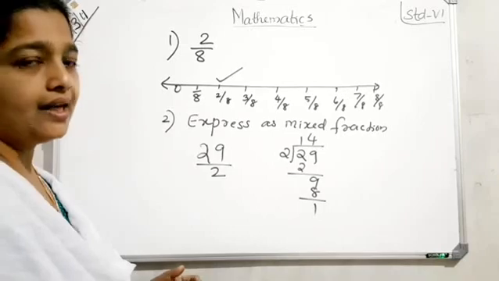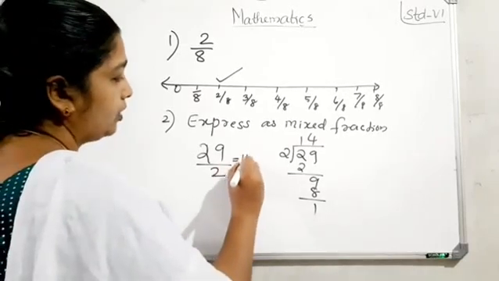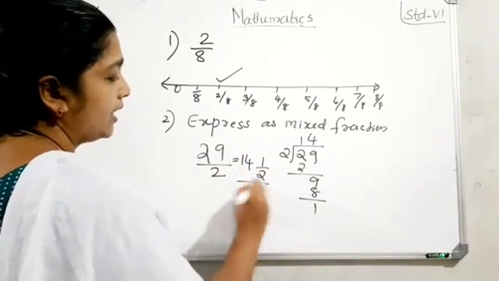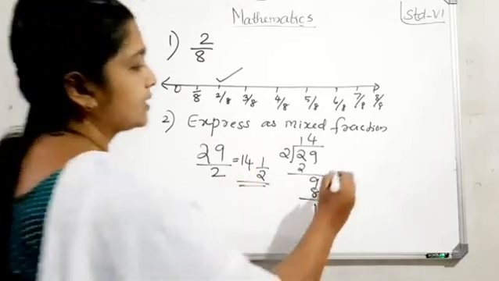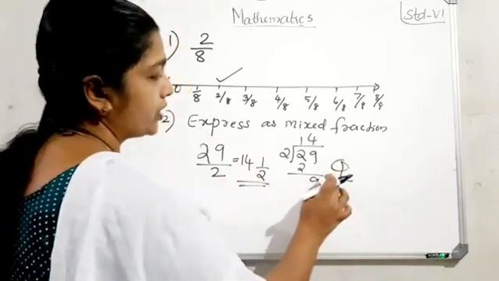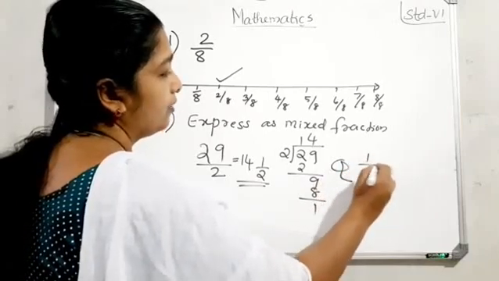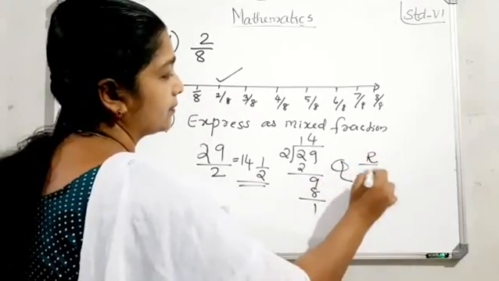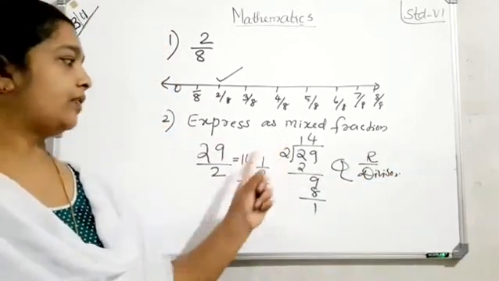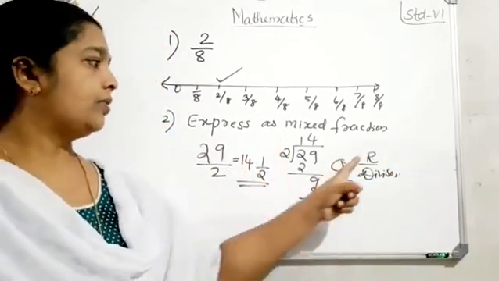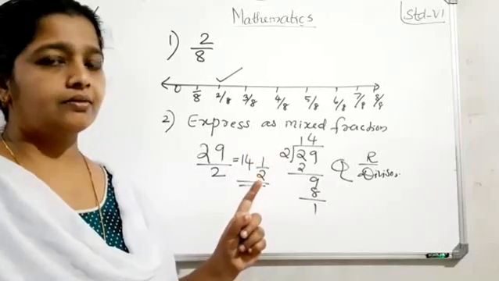So say the answer: quotient into remainder by divisor. Express as a mixed fraction: quotient into remainder by divisor.